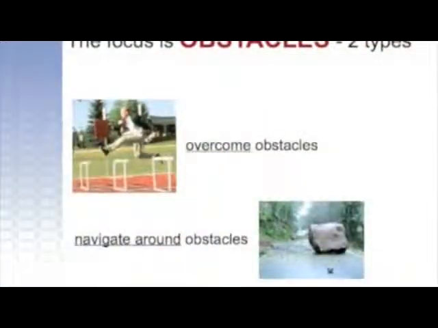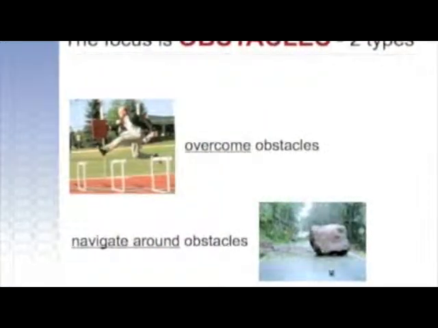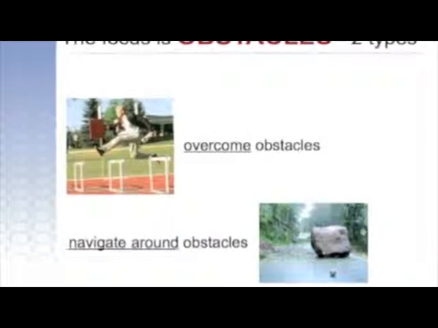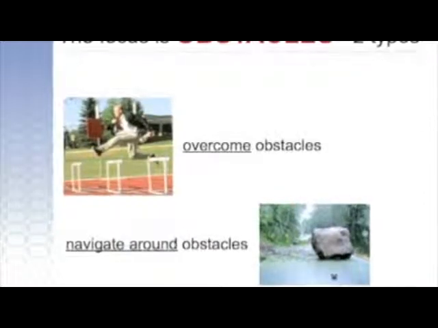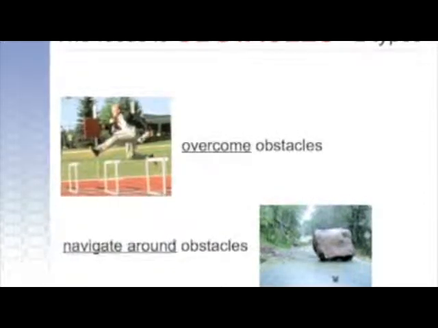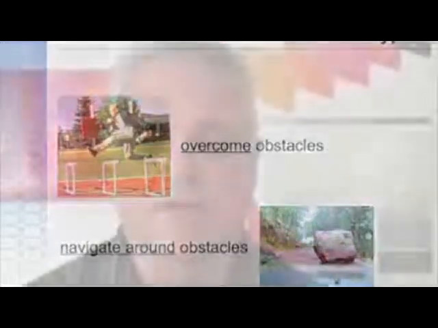The focus is on 2 types of obstacles. There are some that we can do something about, change the way we do something, change the way we think about it, change the way we respond to something, etc. These are obstacles that potentially we can overcome. There are also obstacles, though, which are immovable or very, very difficult to move.